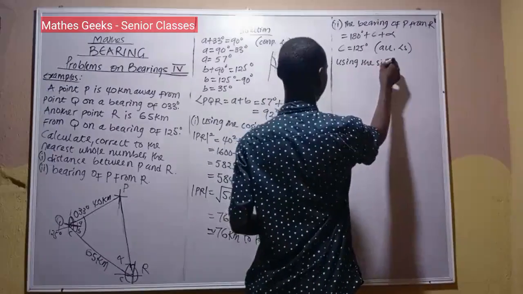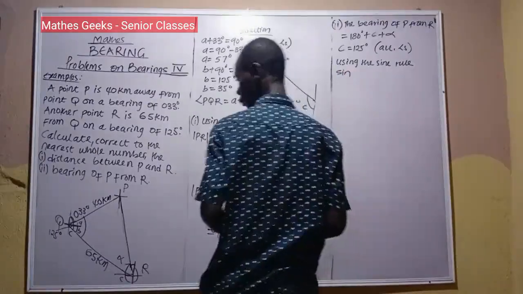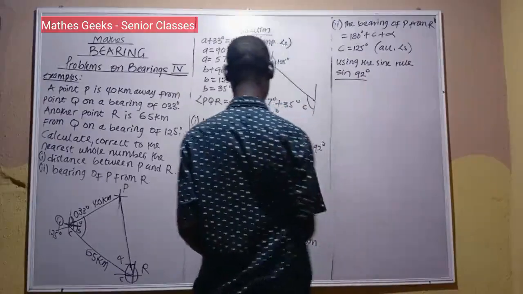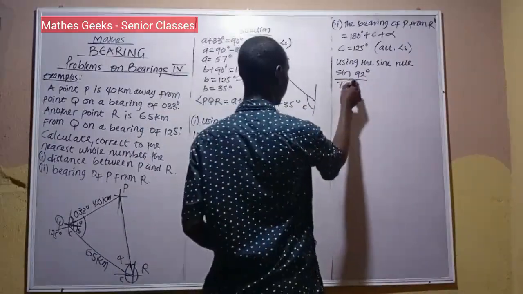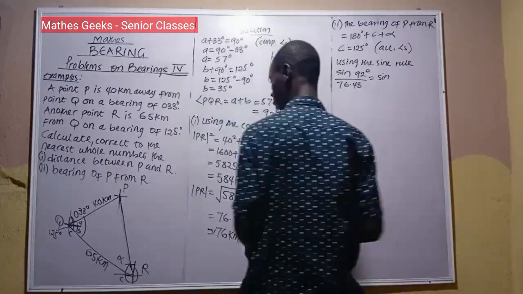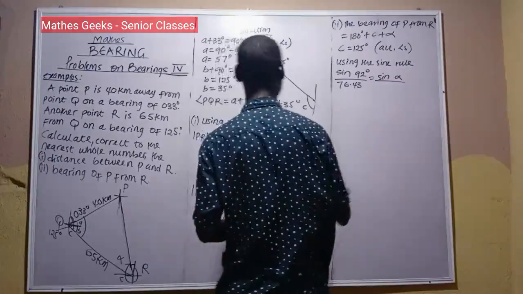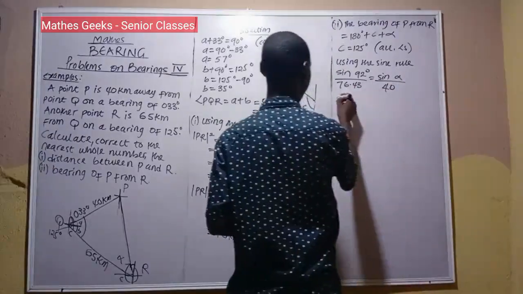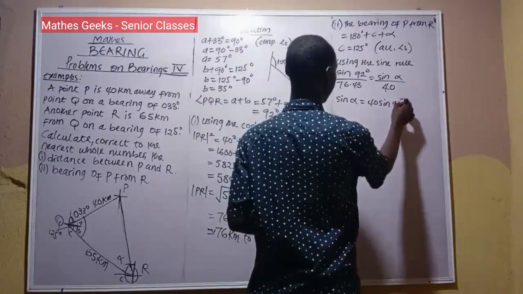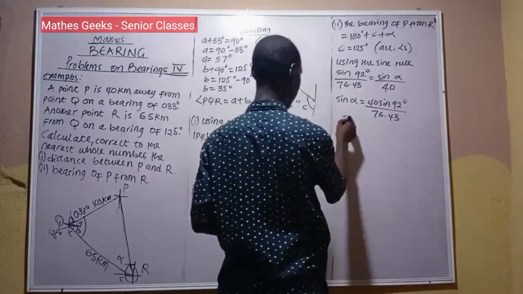Using the sine rule, sine 92 degrees over the distance 76.42 is equal to sine alpha over 40. So sine alpha is equal to 40 sine 92 degrees over 76.42.